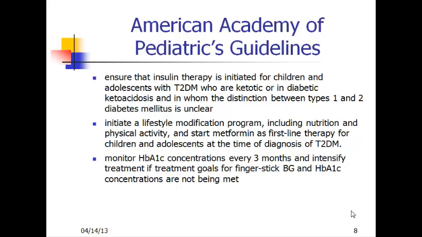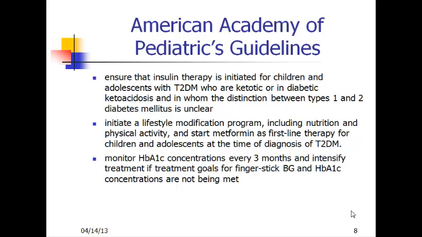The American Academy of Pediatrics has stated specific guidelines when dealing with type 2 diabetes mellitus. First, ensure that insulin therapy is initiated for children and adolescents with type 2 diabetes who are ketotic or in diabetic ketoacidosis, and in whom the distinction between type 1 and type 2 is unclear.